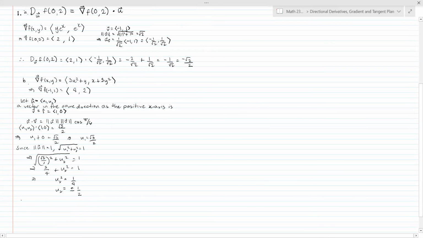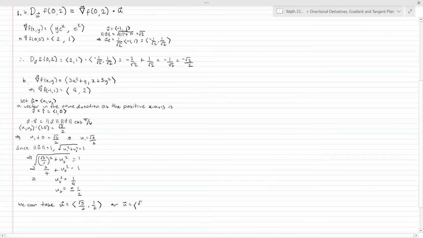So we can take u to be either of (square root of 3 over 2, 1/2) or (square root of 3 over 2, negative 1/2). Note na kung titingnan natin to sa 2D plane, no?